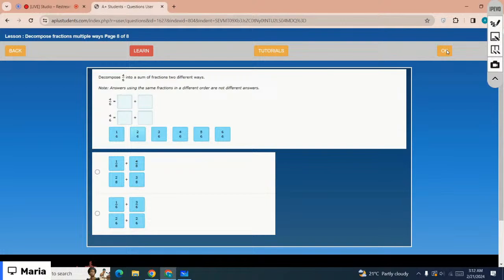The correct option is option number 1, that is 1 by 8 plus 4 by 8, and the second one is 2 by 8 plus 3 by 8, right? Got it?